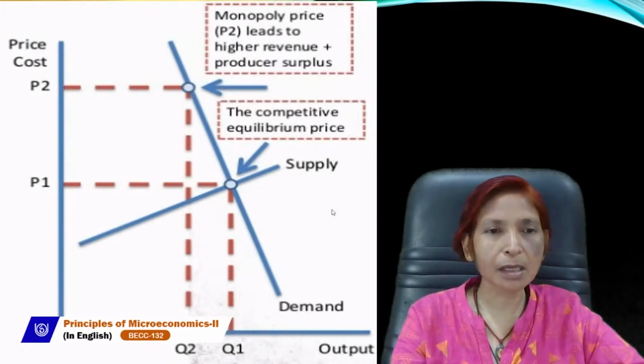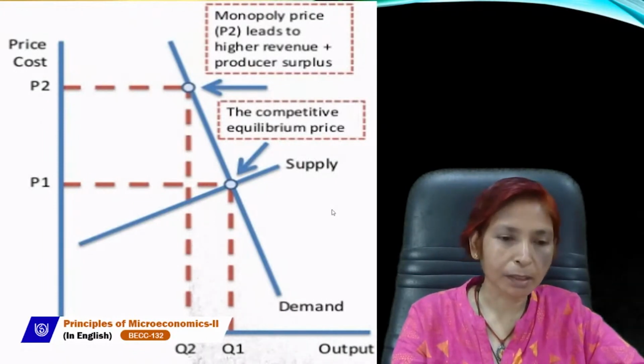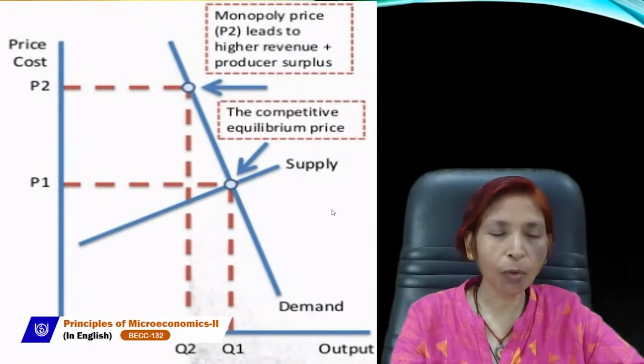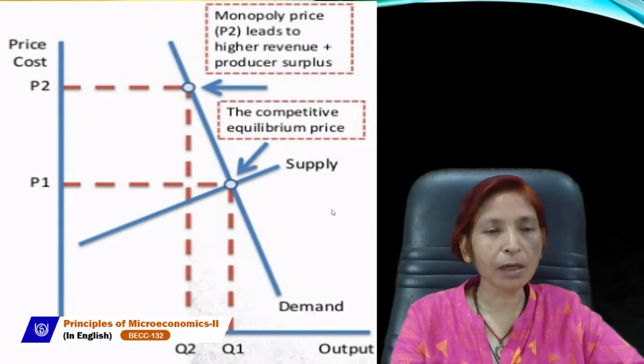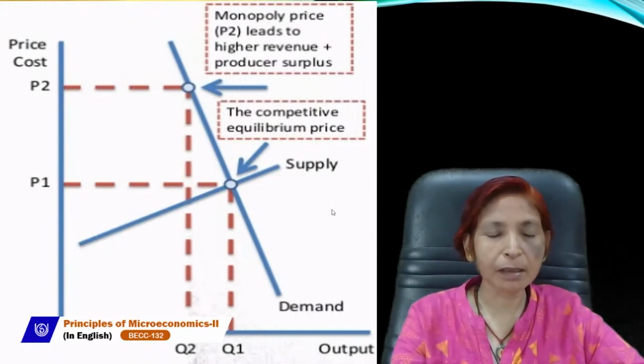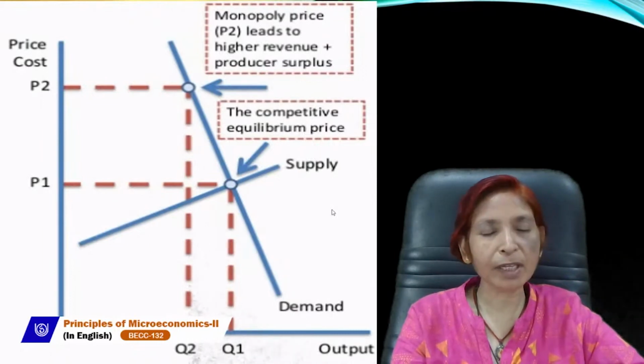In this case, price will be higher and quantity will be lower, because the producer can increase the price level only when quantity or output is less. Because if supply increases, then price will definitely fall. So if we want to earn maximum profit, we will fix a higher price and quantity will be lower.